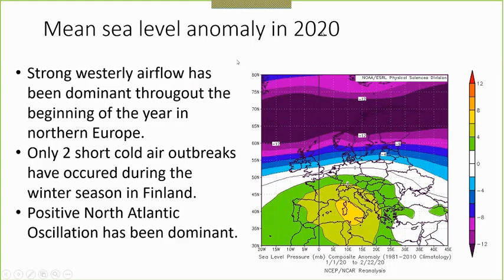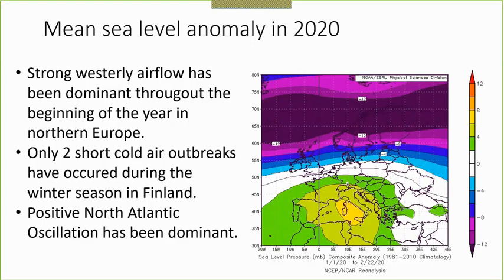So this has been the problem here in parts of Scandinavia and here in Finland, that we really don't have a proper winter at all in the southern and western parts of the country. On the other hand, in the northern parts of Finland we have really much more snow than average, and I will show you some statistics about that in a moment.